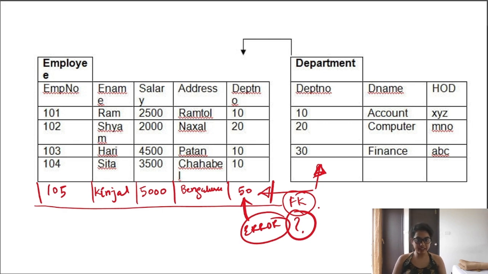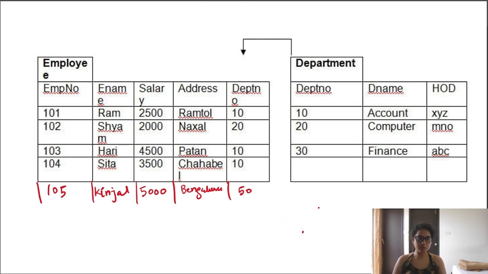So whenever I try to insert a new record for the department number of employee, it will check the department table first, whether this 50 is present in the department number column. The answer is no, it's not present, so it won't allow me and will throw me an error.